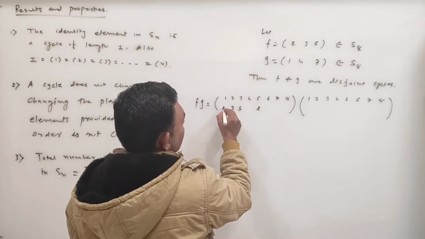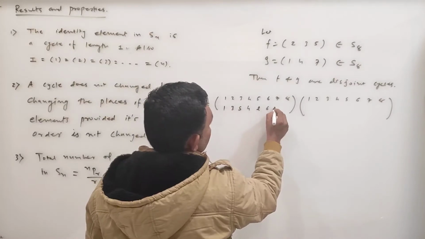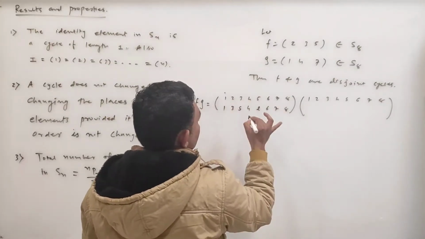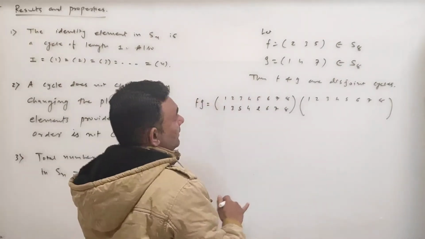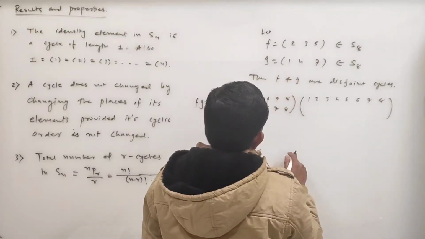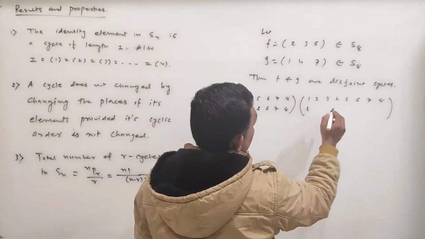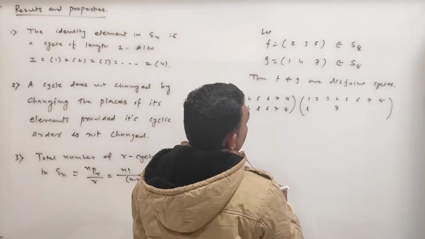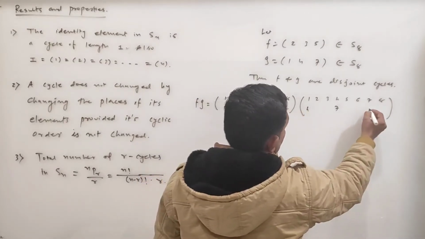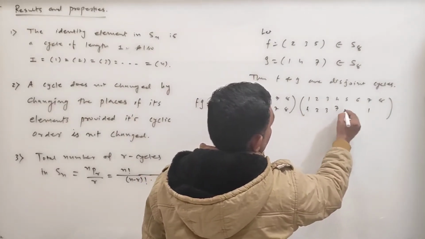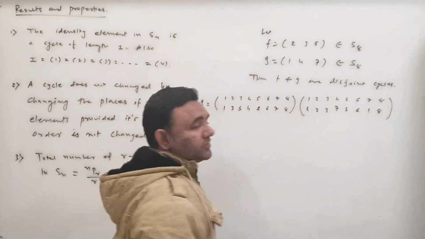And the remaining are as it is, 1, 4, 6, 7, 8. So these are as it is, right? Okay, fine. In g, 1 goes to 4, 4 goes to 7 and 7 goes to 1. And the remaining 2, 3, 5, 6 and 8 are as it is.